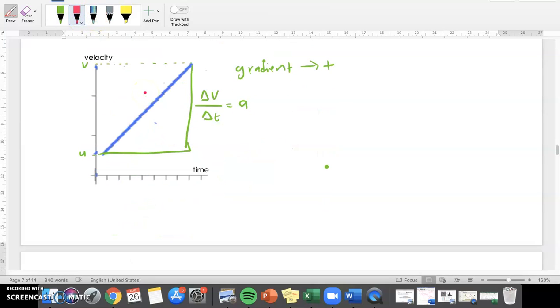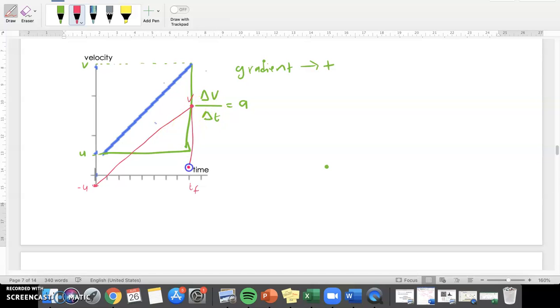So let's use a pink pen for that. I need a negative value for u. So this is a negative u. And my gradient should be positive, so I need to go up, right? And this is my final time. This is my final position, and this is my initial position. So my v equals minus u plus at.